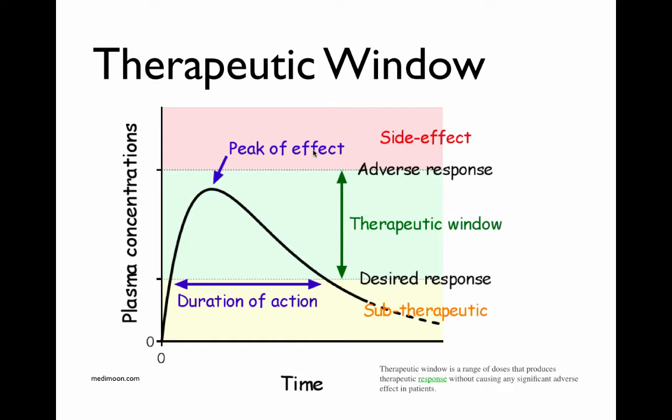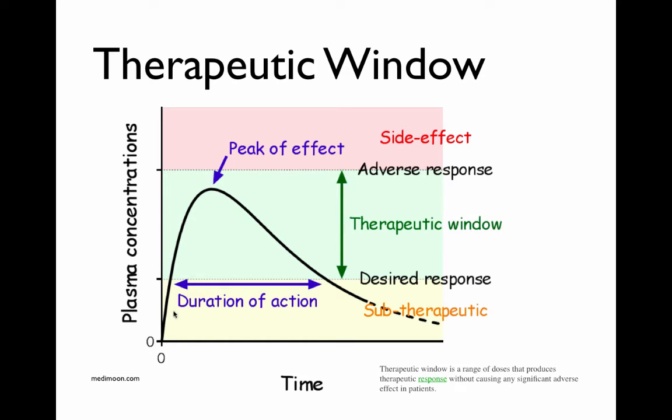And then after that are side effects or adverse responses. So here in the reddish pink is the danger zone. That's the toxicity. And so the duration of action is where it crosses the desired response and subtherapeutic response. If a drug gets up into the side effect range, then you will have an adverse reaction.